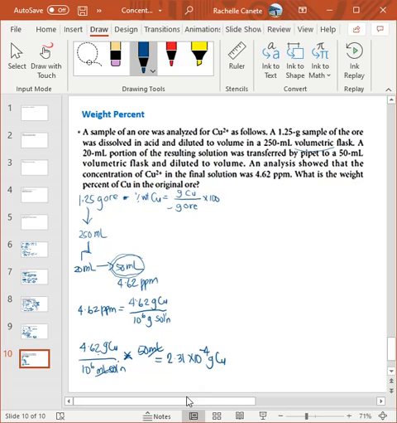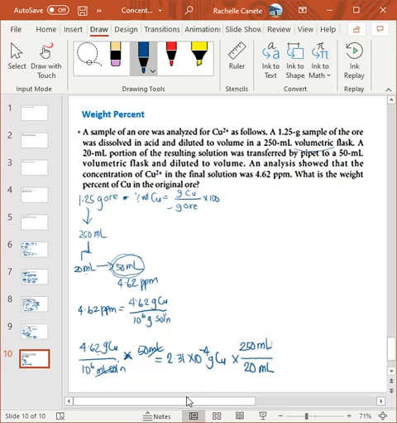So, if we divide that with 20, this copper is the mass of copper in the 50 ml. And we know that that 50 ml came from the 20 ml. So, the dilution factor would just be the initial 250 ml and the 20 ml that you put into the 50 ml.